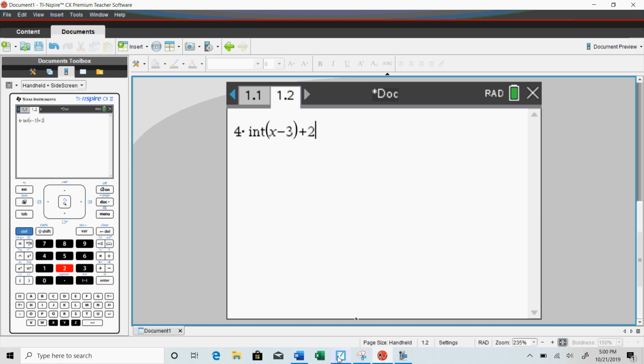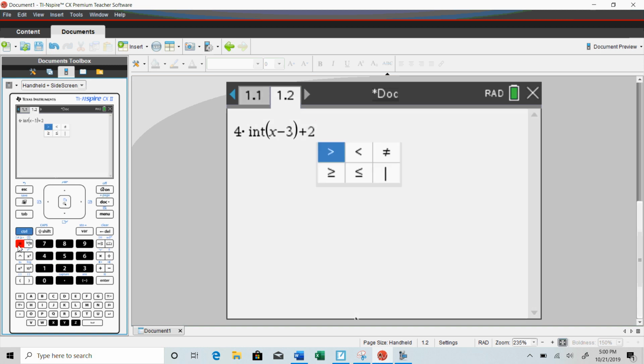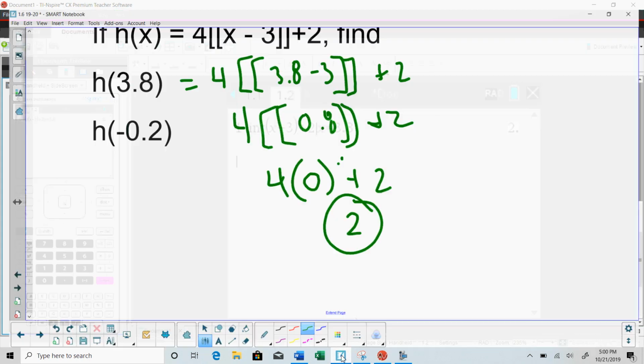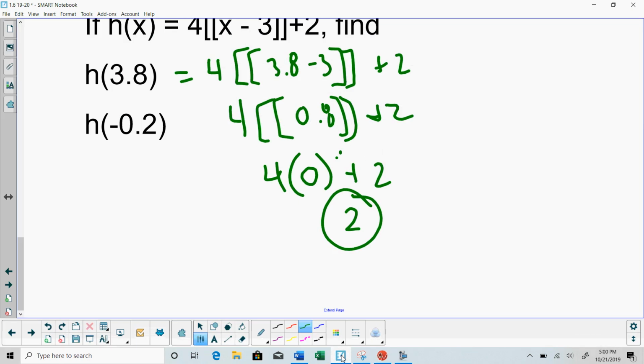I want to figure out what this is evaluated such that x is equal to 3.8. So I'm going to do control equals and pick that, such that x equals 3.8. And sure enough, it is equal to 2. So that's how you can do this with your calculator, but I would like you to be able to do it by hand like I just demonstrated here.